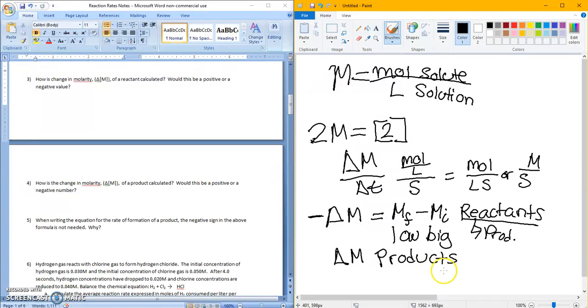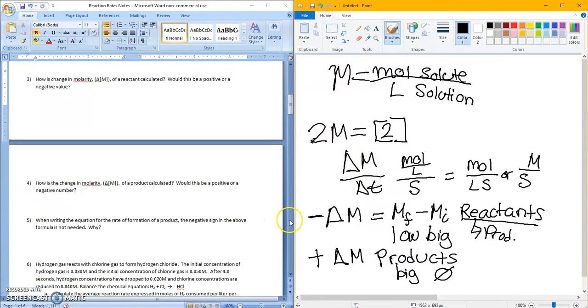We start off with 0 initial molarity, and we start making products, so we're going to actually make something bigger. And so if I have big minus small, the sign will be positive. So a negative is because we're losing reactants, positive because we're gaining products over time.